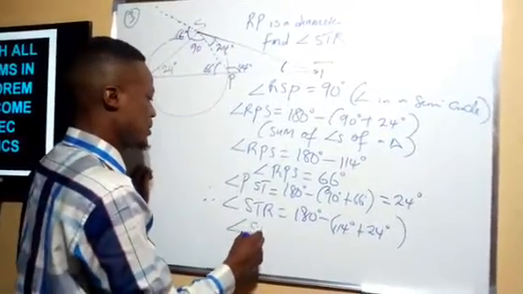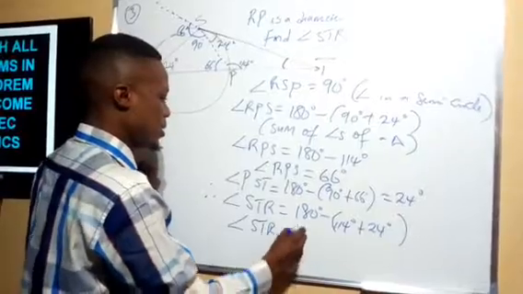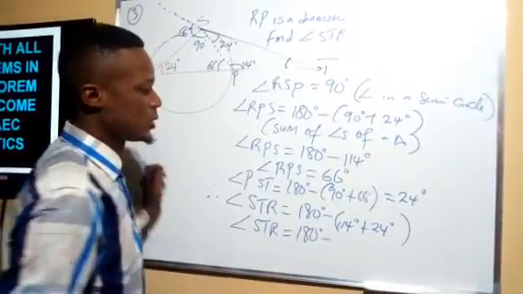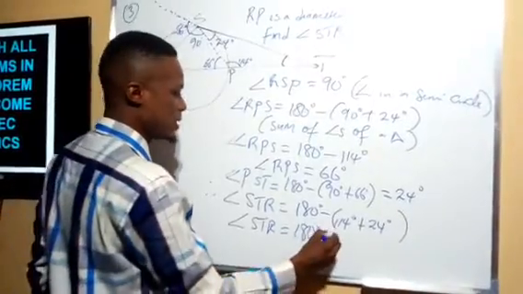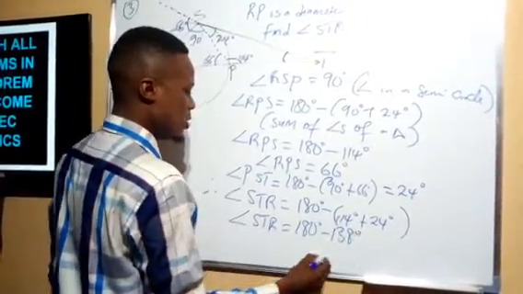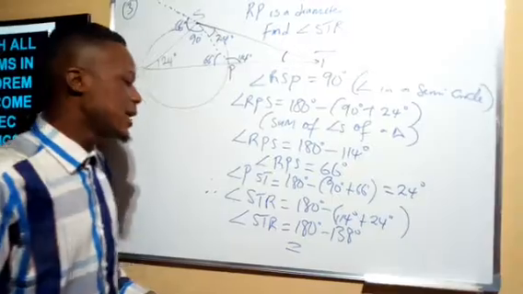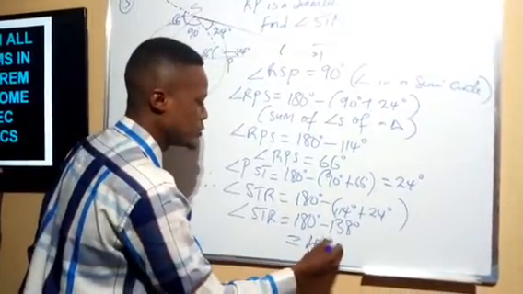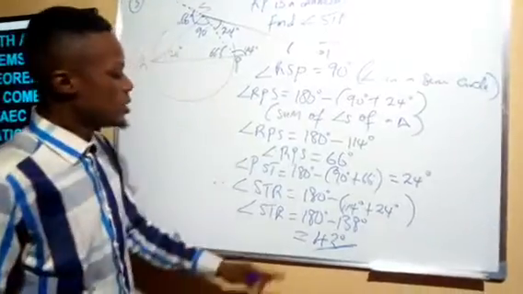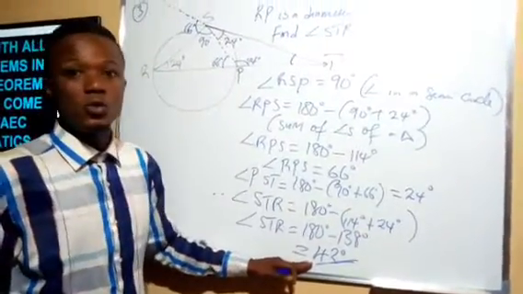So angle STR will now be 180 degrees minus 114 plus 24, which gives us 138 degrees. Now remove 138 from 180, and we get 42 degrees. So the answer here is 42 degrees.